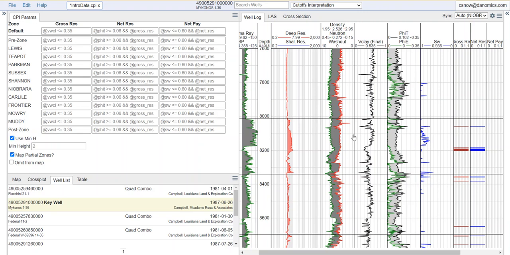So for a minute, I just want to talk about how we can calibrate net pay or net reservoir as a calculation. The first thing you could do is, maybe you've drilled your well. You could go through and do a number of flow tests at different intervals. Maybe you see an interval that looks interesting. If you've already cased your well, you could perf that interval and see what happens if you flow it.